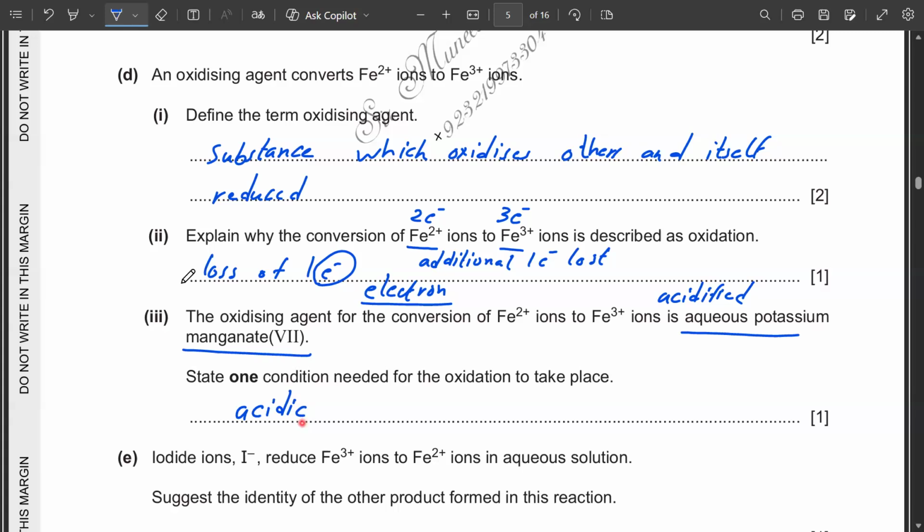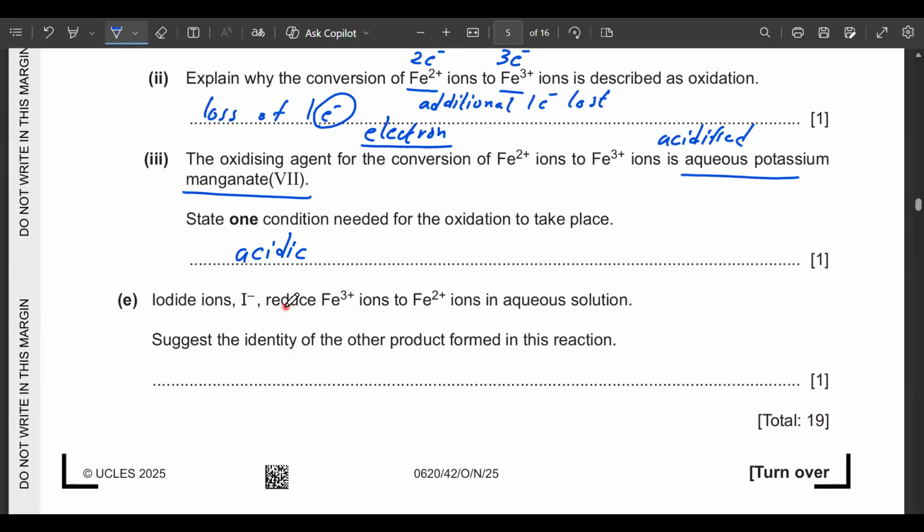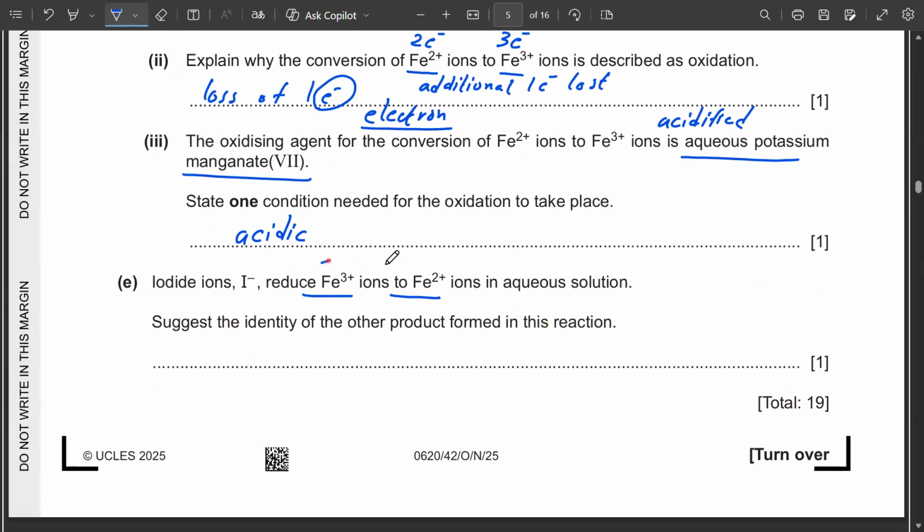Then E part, iodide ions reduce iron 3 plus ions to iron 2 plus ions in aqueous solution. Suggest the identity of the other product formed in this reaction. So iron 3 plus ion is getting reduced to iron 2 plus ion.